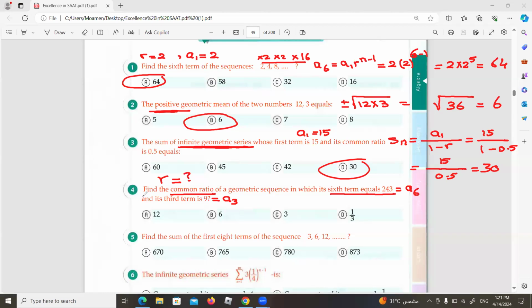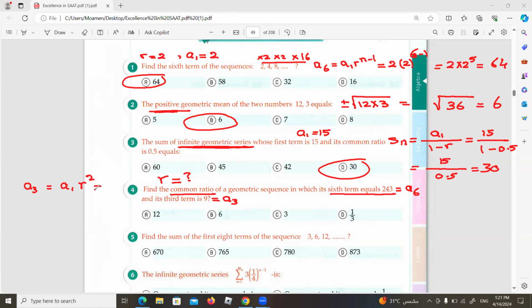I think we talked about a problem like this in the previous lesson, as we will make two equations. We will solve two equations together. The rule of A3 is A1 multiplied by R power n minus 1. N here is 3, so 3 minus 1 is 2.